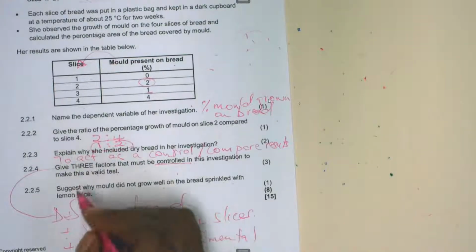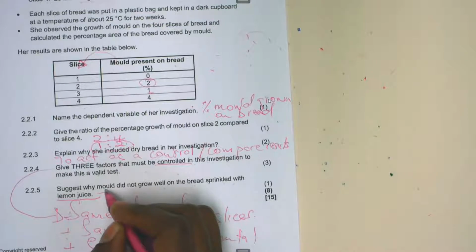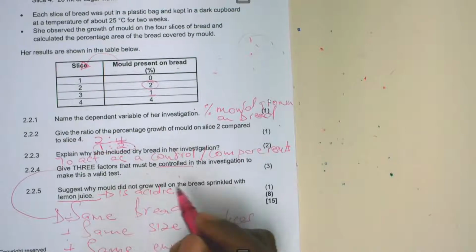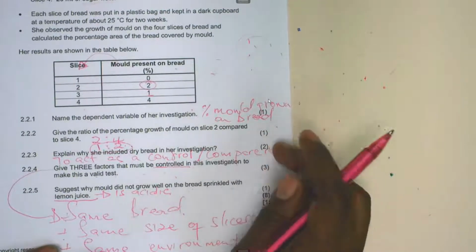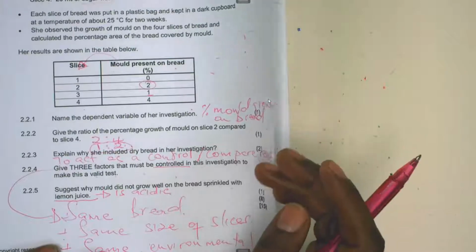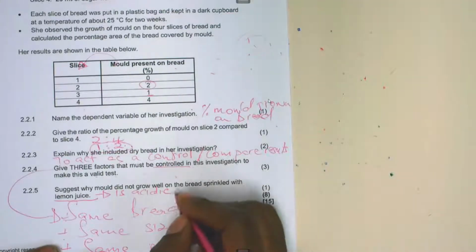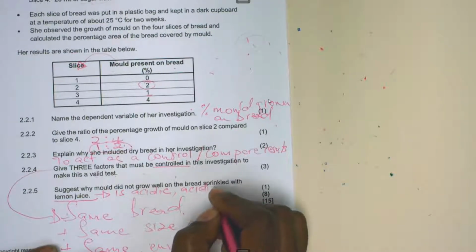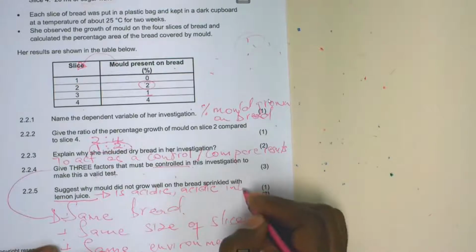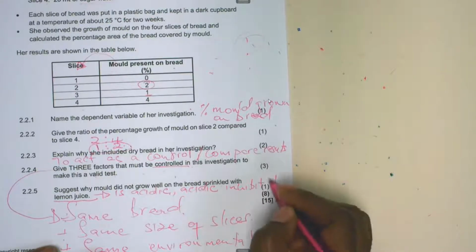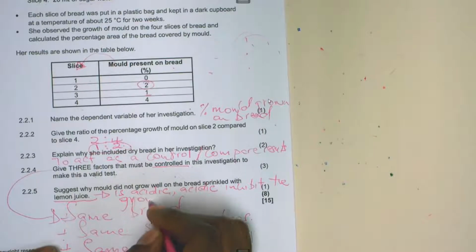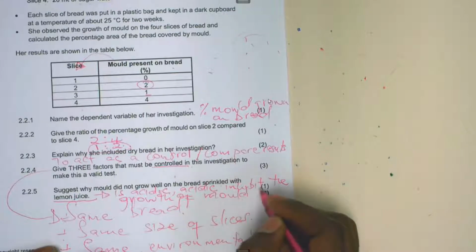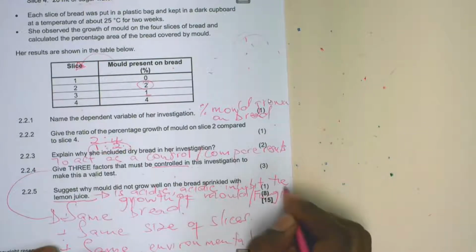It is because lemon juice is acidic. So we know that acids inhibit the growth of mold or fungi. It is acidic, and acids inhibit the growth of mold or fungi.